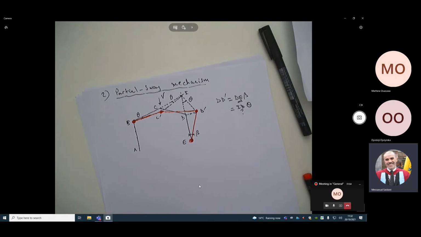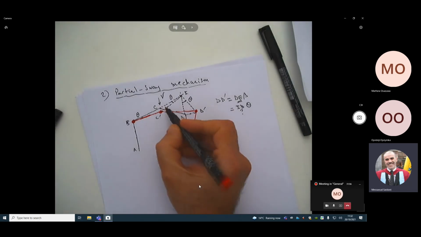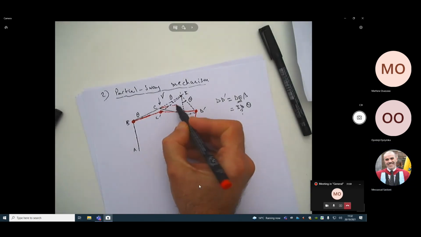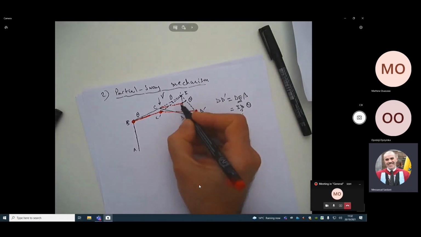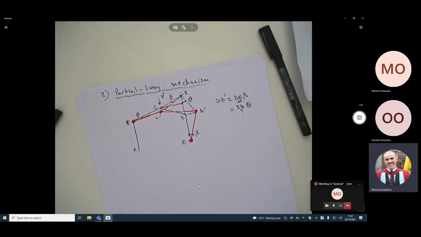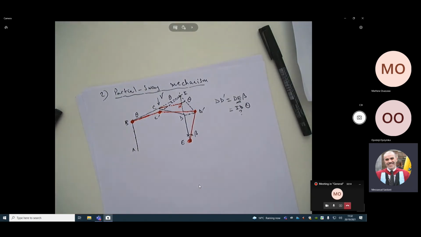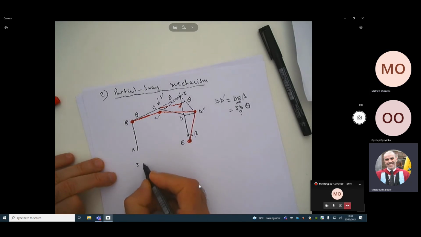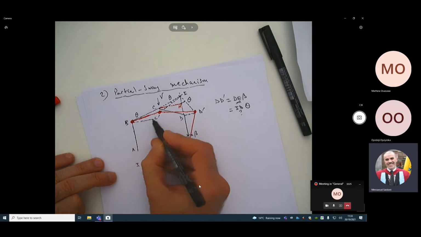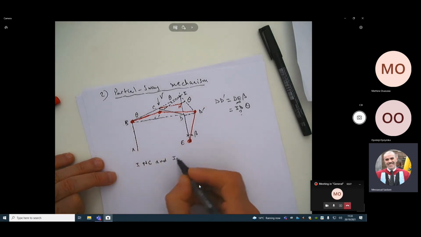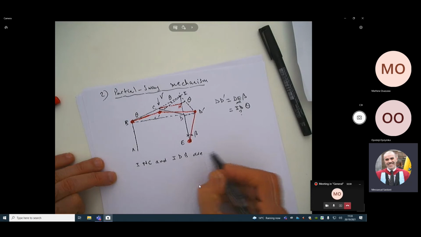It's simple. You draw a horizontal line here, and let's call this point N. Do you agree that INC and IDB are similar triangles?